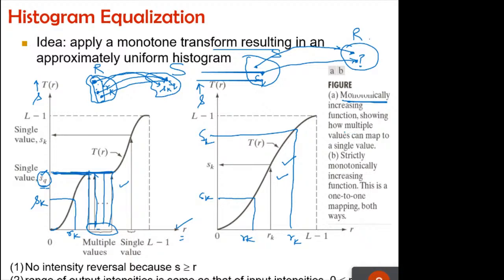Whereas the second function is also monotonically increasing, as R is increasing, S is increasing. Apart from that, there is 1-to-1 mapping also, right? Such functions in mathematics are called strictly monotonically increasing. So there is a difference between monotonically increasing and strictly monotonically increasing.